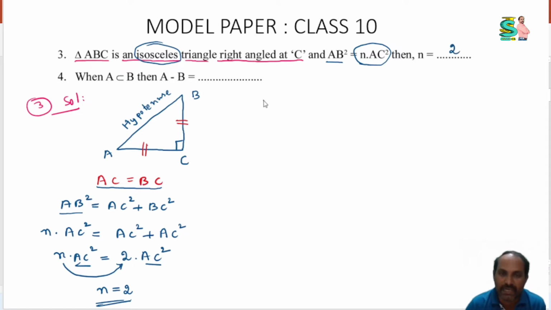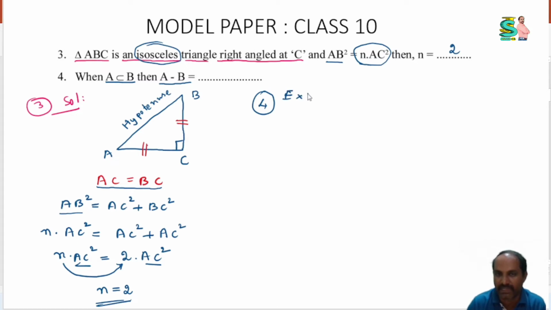Now the fourth question. What is given in the fourth question? A is a subset of B. Then A minus B is equal to what? How can we find it? I will explain with an example.